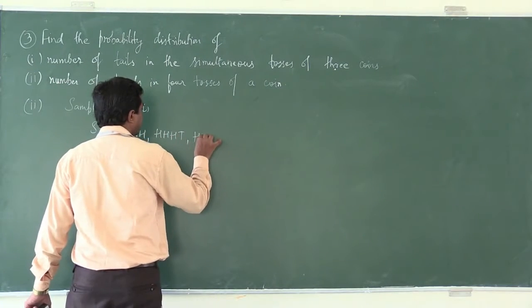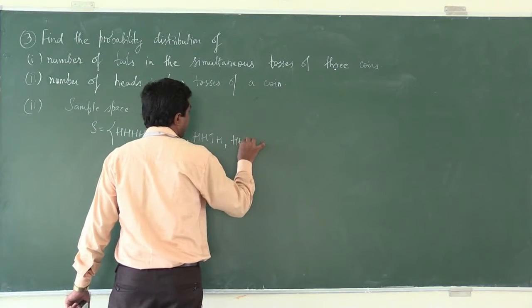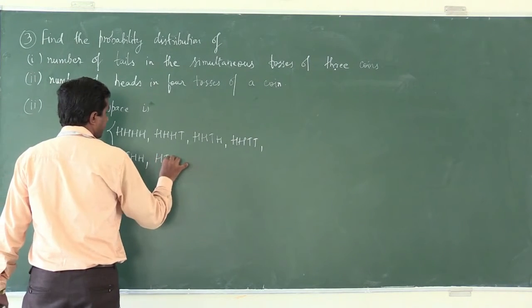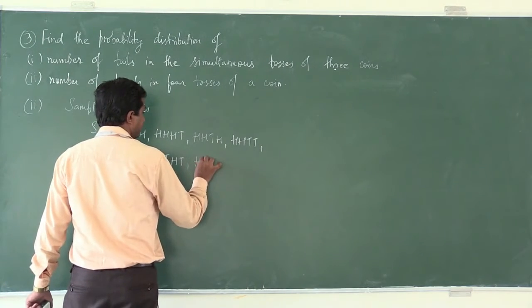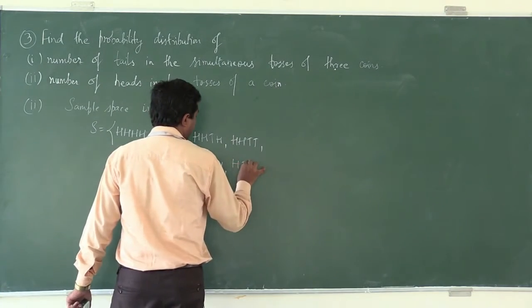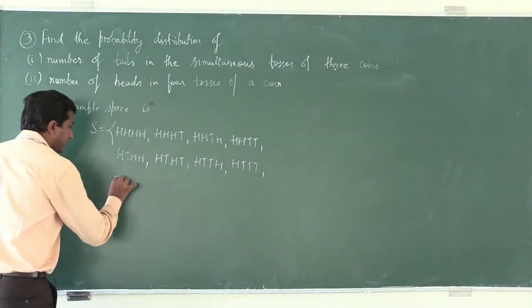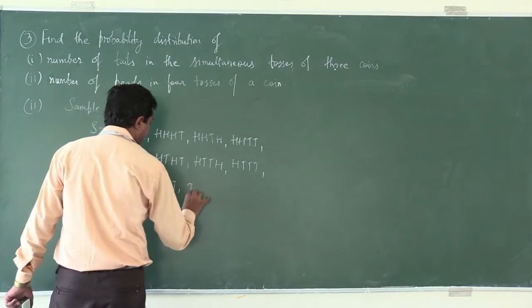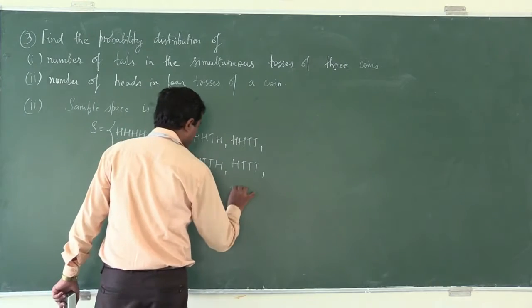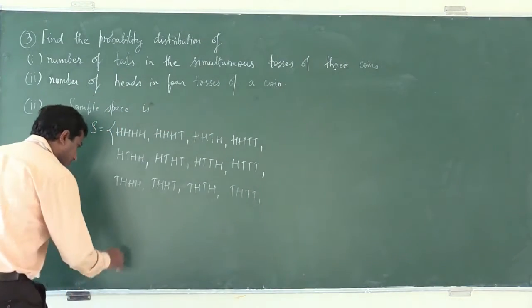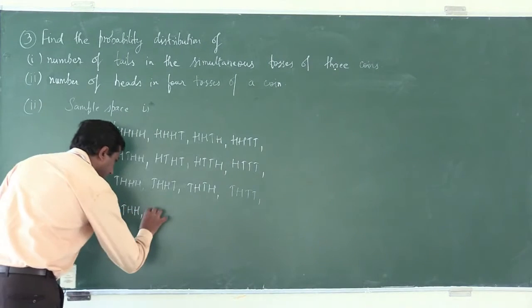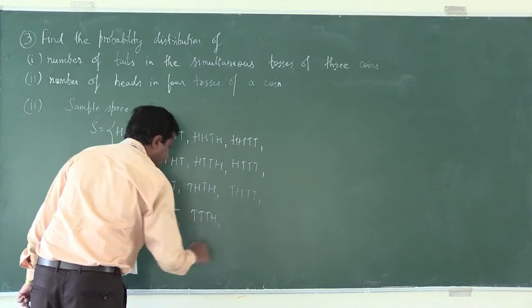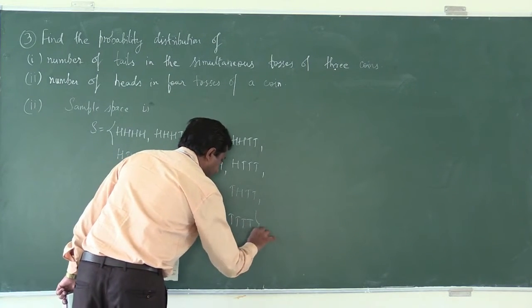T, then T, T, then T, then we have TH, then we have TT, then we have TTHH, then TTHT, then TTTH, and last of all we have TTT.